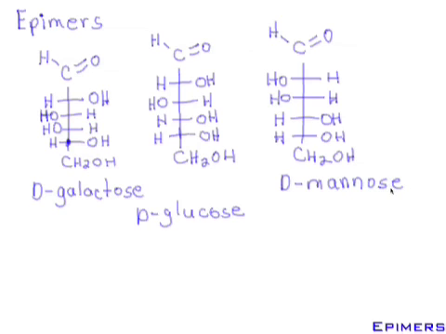Okay, now let's reiterate. What is an epimer? Epimers are optical isomers that differ in the absolute configuration of only one chiral center.